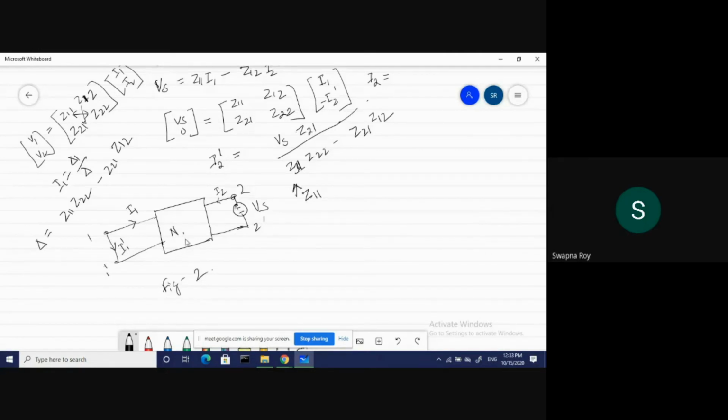Now what we have done: short circuit port 1 and apply voltage source Vs at port 2.